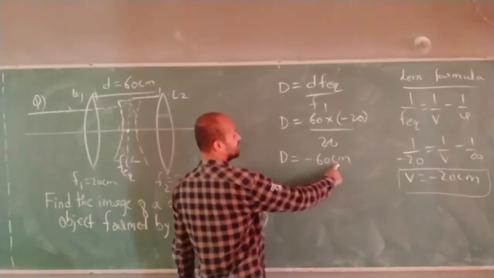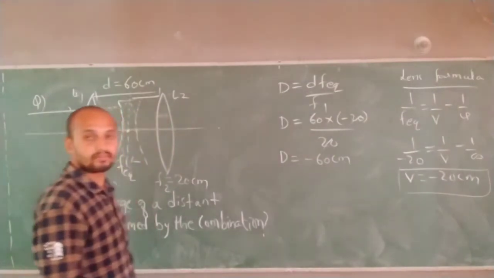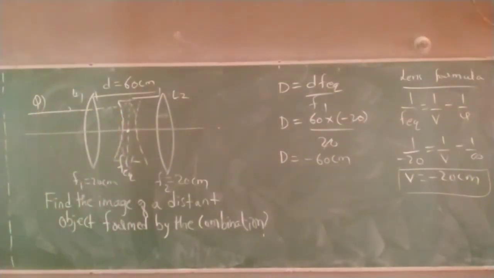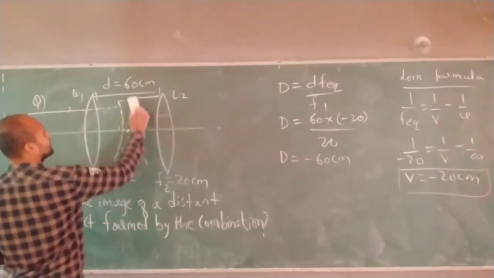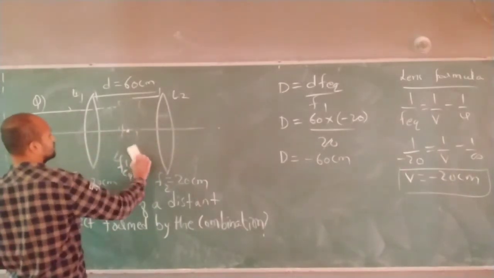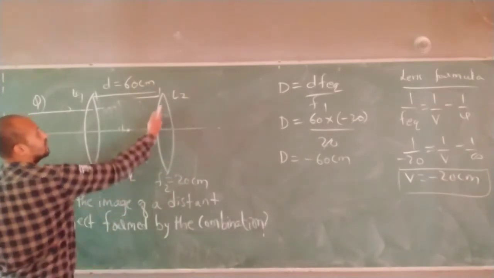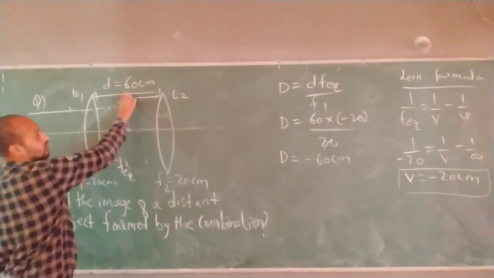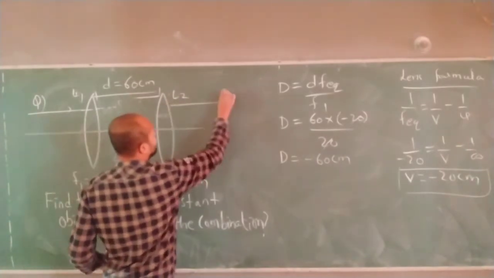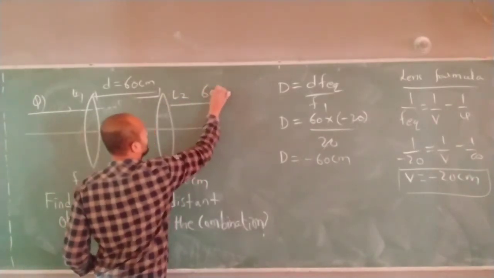When I got D equal to minus 60 centimeter, it means that the lens is not located here. I had taken it positive in the formula.